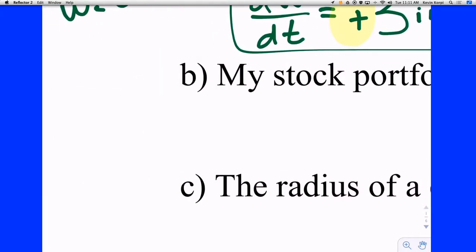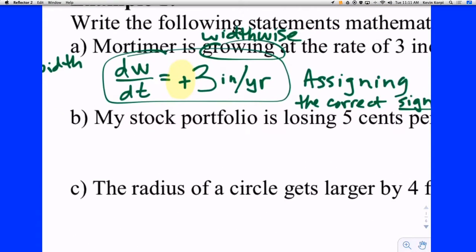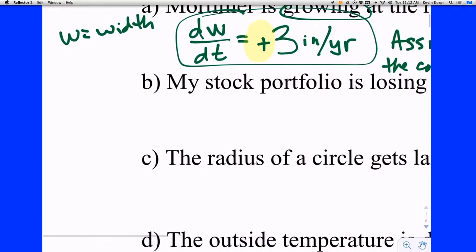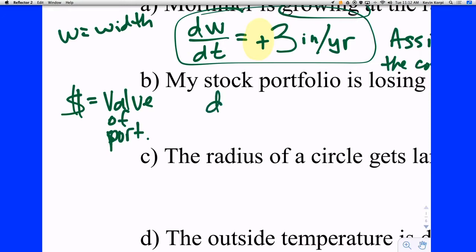Okay, so let's let, what do you want to use for the value of my stock? The dollar sign as a variable? Okay, we'll let that be the value, the d$/dt. It's the value of the portfolio.